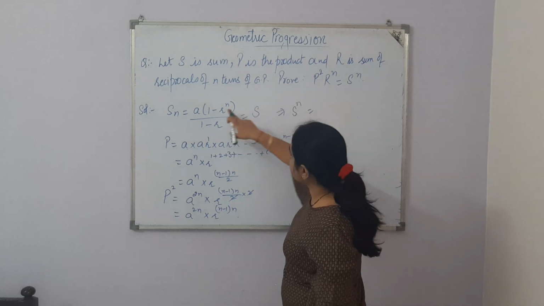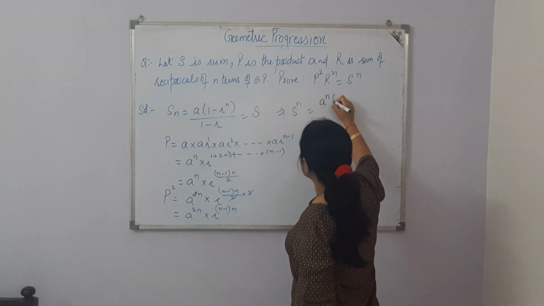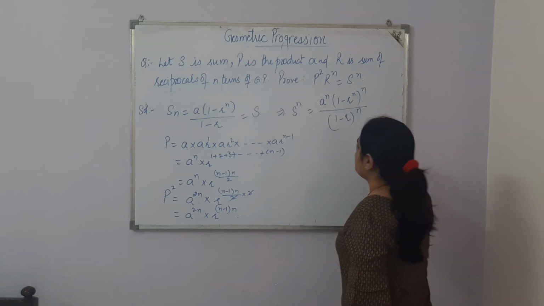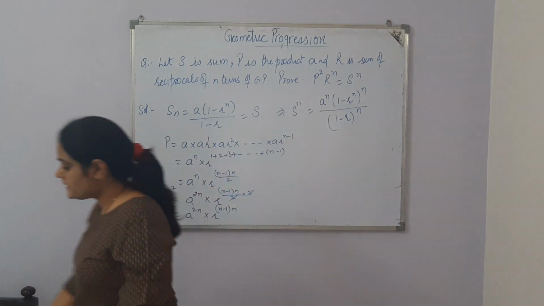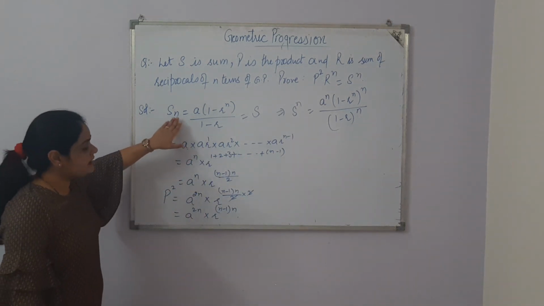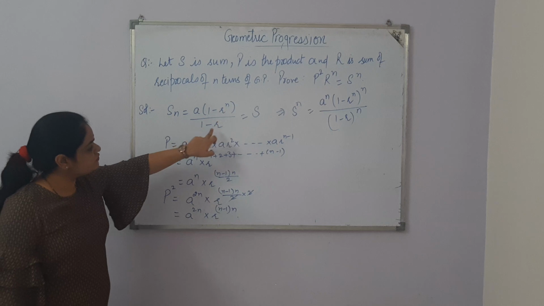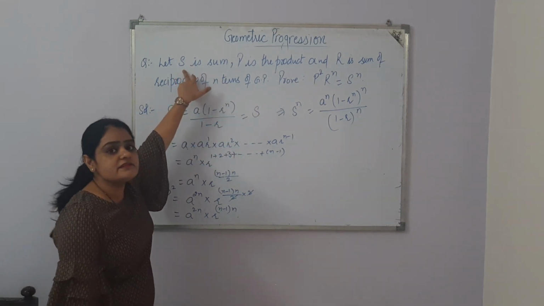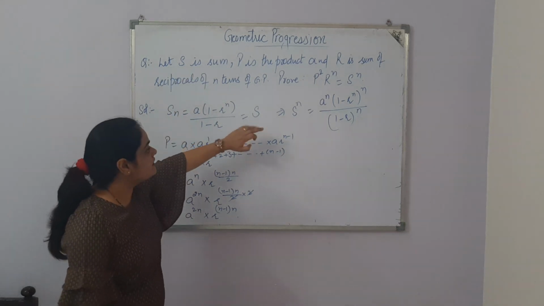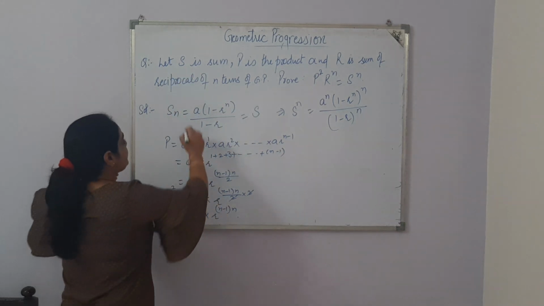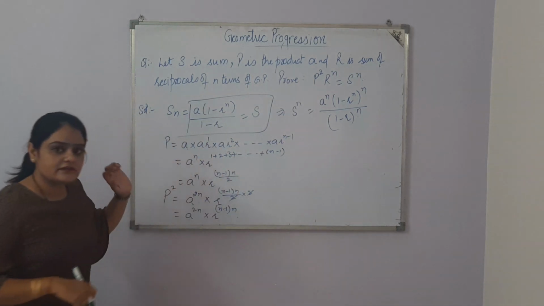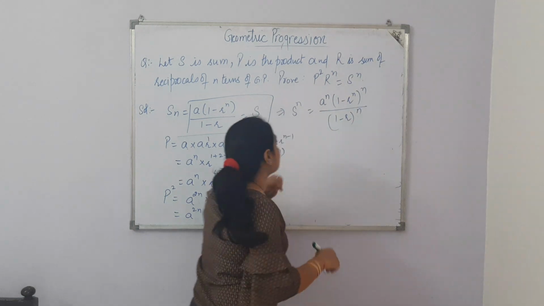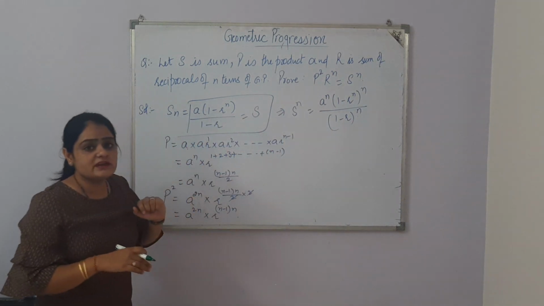So S raised to the power n is a into 1 minus r raised to the power n upon 1 minus r, whole raised to the power n. The formula for the sum of the first n terms of a GP is a into 1 minus r raised to the power n upon 1 minus r, and it is equal to S because it is already given that S is the sum. In place of Sn we have to take S. Now what we want to prove is S raised to the power n. We need to find S raised to the power n, that means we need the power n.